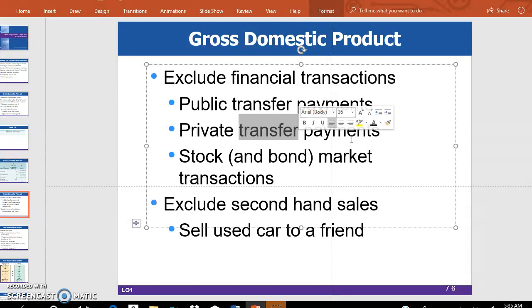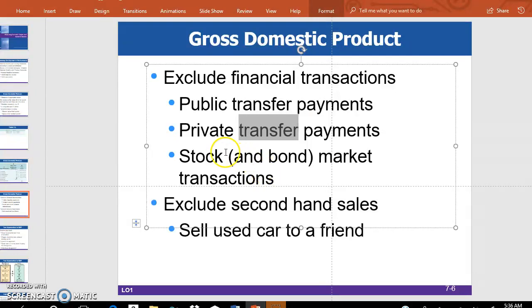Like for AIDS awareness, or recovery efforts like a hurricane or a flood, many private institutions donate, they distribute food and essential services without getting anything in return. Those will not be included as part of GDP, because these are transfer payments, they do not represent production of new goods and services.